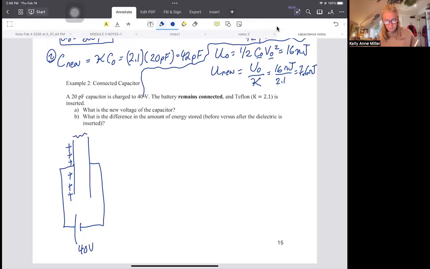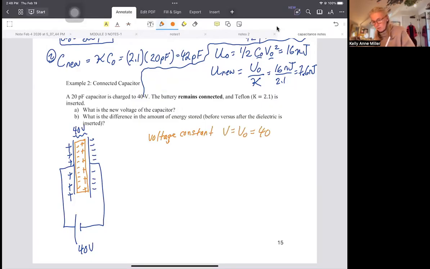Therefore, the difference between the two plates must be 40 volts always, as long as it's still connected to that battery. And then I insert the dielectric and it's still connected, so it has to still be 40 volts. Like in answer to question A, the voltage is constant. So V equals V naught, which equals 40 volts.